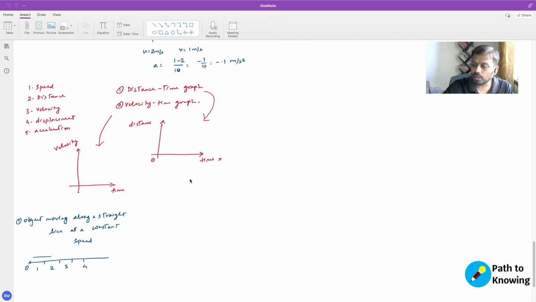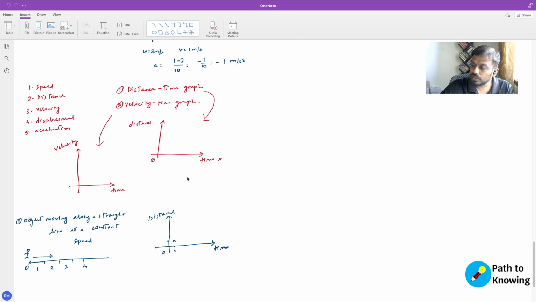Now, how do you represent this on a distance time graph? If this is your distance and this is your time, and if the object was at rest at time 0, then at time 1, if it covers 1 meter, it is here.